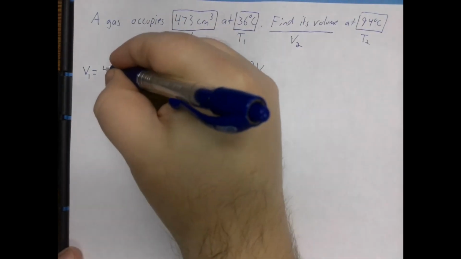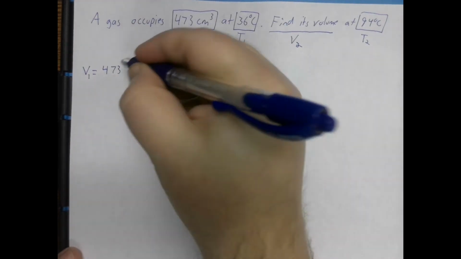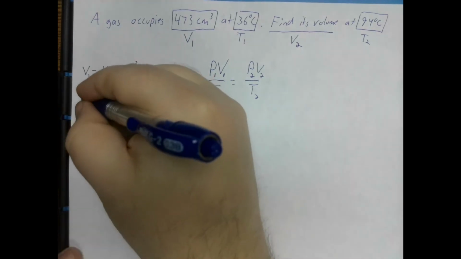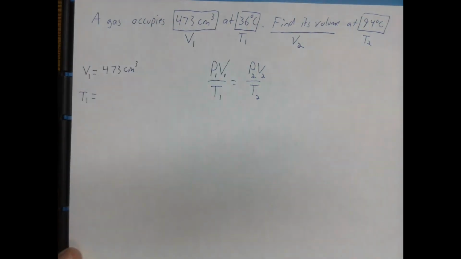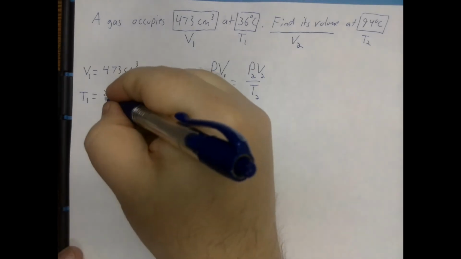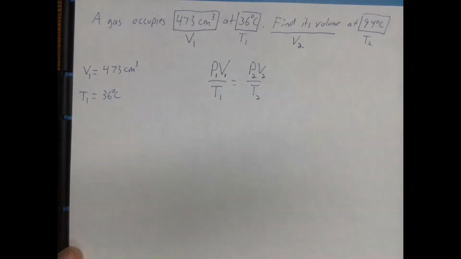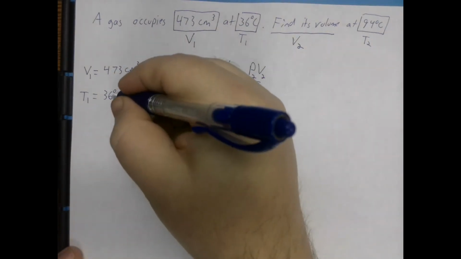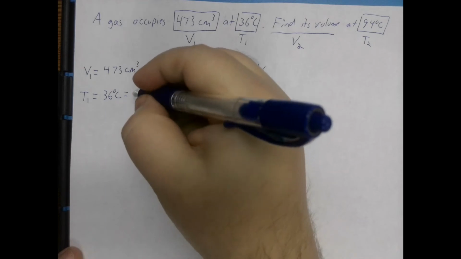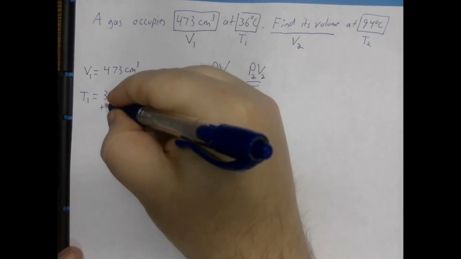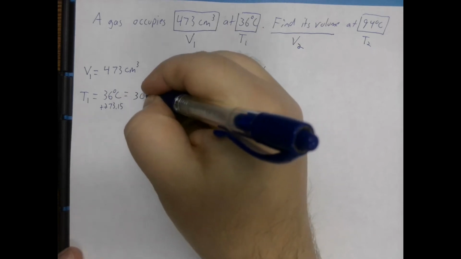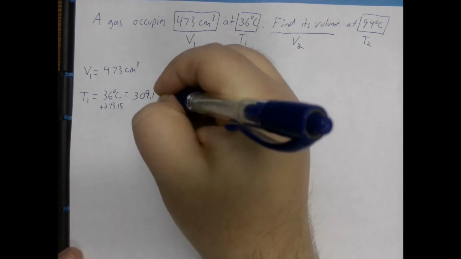So our initial volume is 473 cubic centimeters. And what would our initial temperature be? Would you write 36 degrees Celsius? You would put it in Kelvin. We add 273.15, and that gives us 309.15 Kelvin.